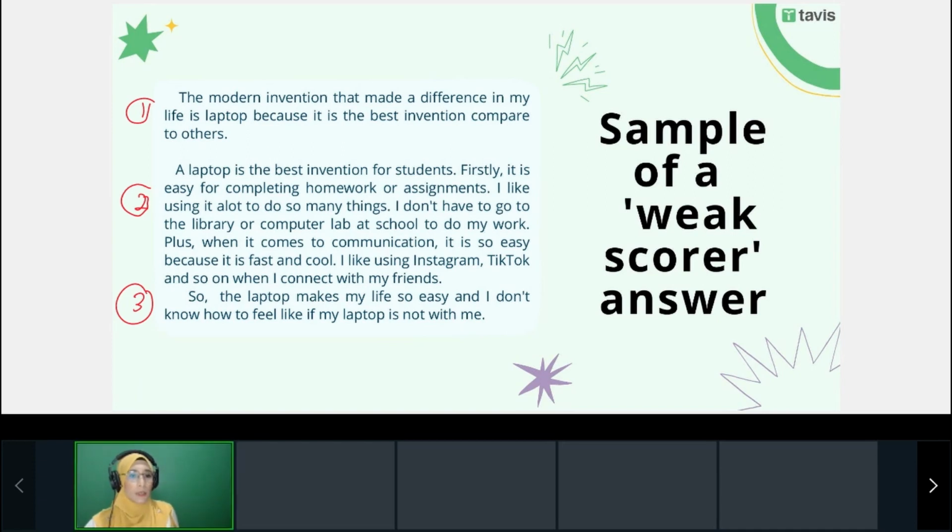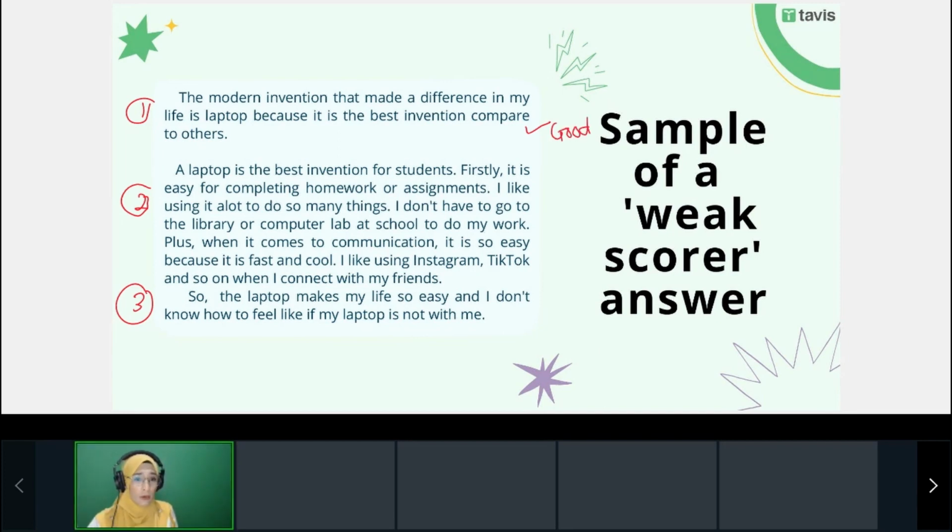Now here you can see: the modern invention that has made a difference in my life is laptop because it is the best invention compared to others. This is a good idea, a good topic sentence, but you don't want to keep it as good only. We want to have excellent.